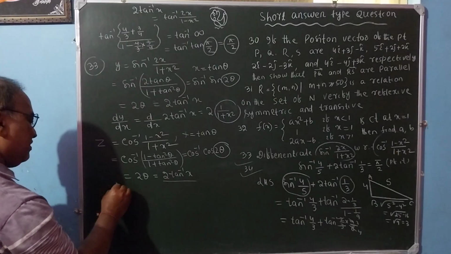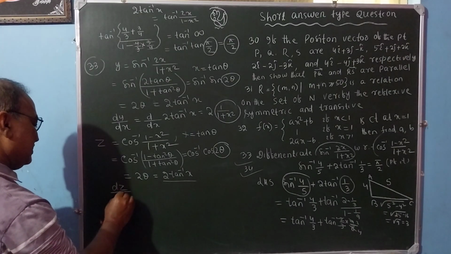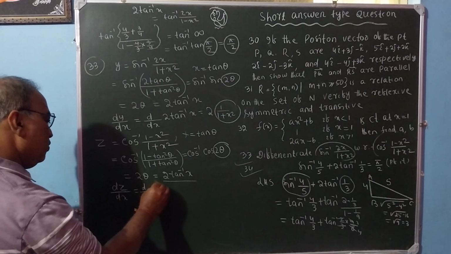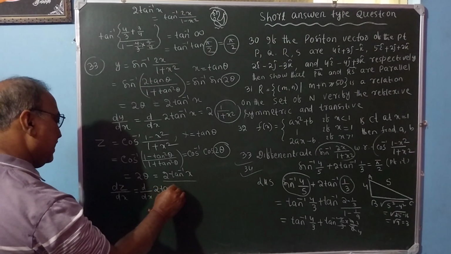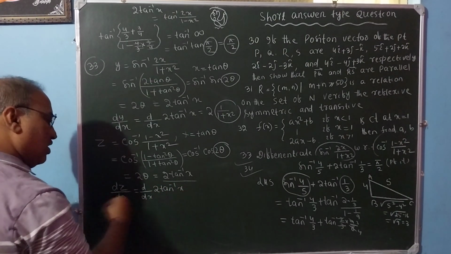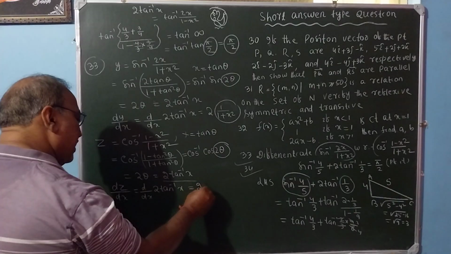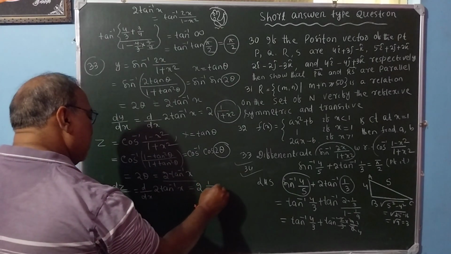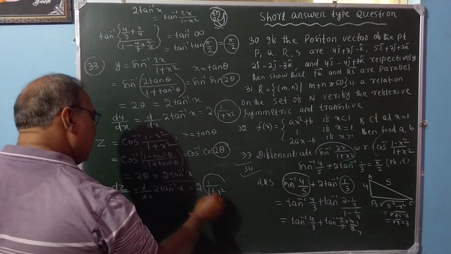So dz by dx is d by dx of 2 tan inverse x. 2 is constant, coming outside, derivative of tan inverse x is 1 by 1 plus x square.